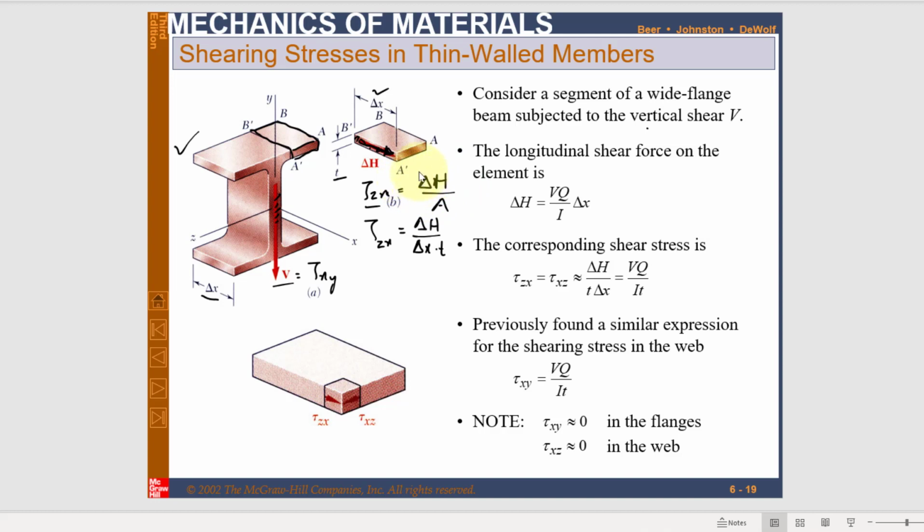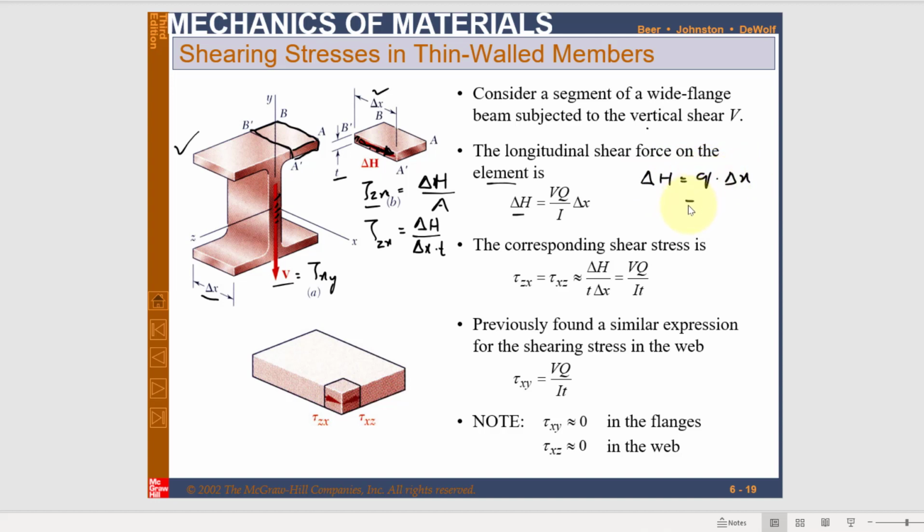Clear? So as we know, the longitudinal or horizontal shear force on the element of length delta X is delta H, which is equal to VQ over I into delta X.